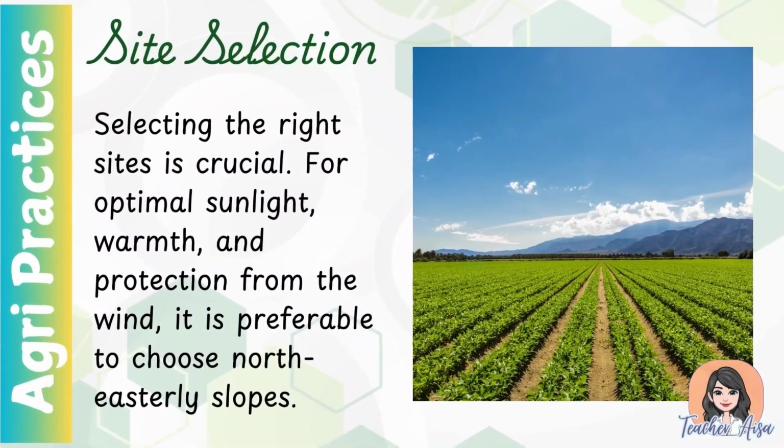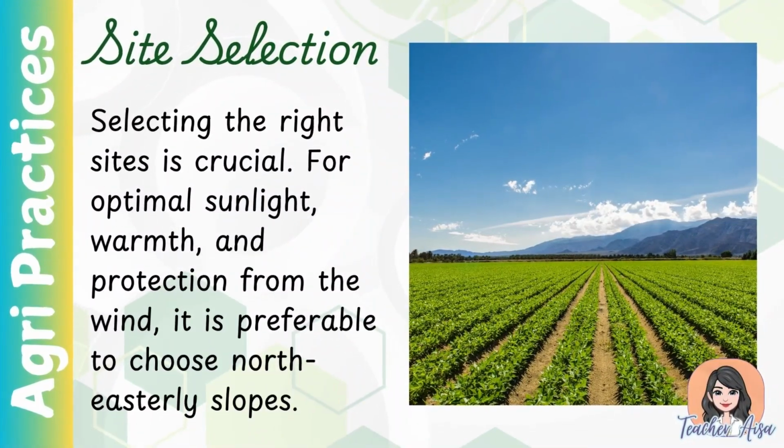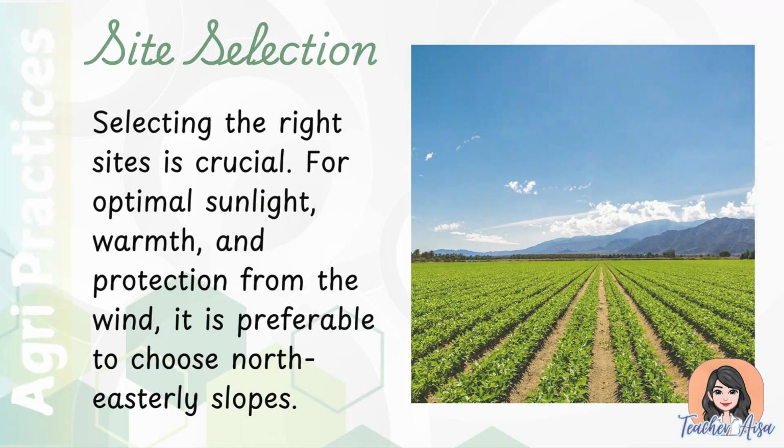Site selection. Selecting the right sites is crucial. For optimal sunlight, warmth, and protection from the wind, it is preferable to choose northeasterly slopes. Careful attention must be paid to growing on slopes due to their susceptibility to erosion.